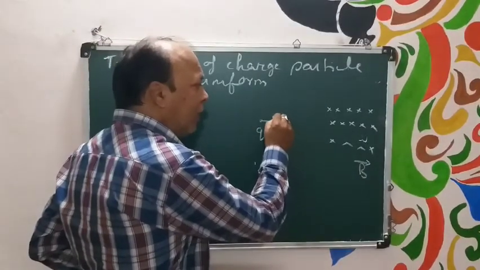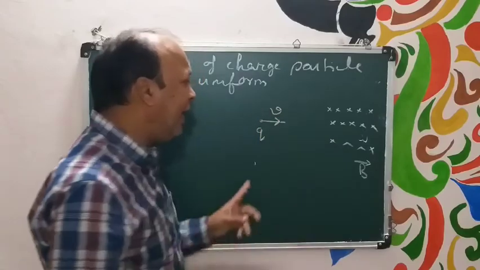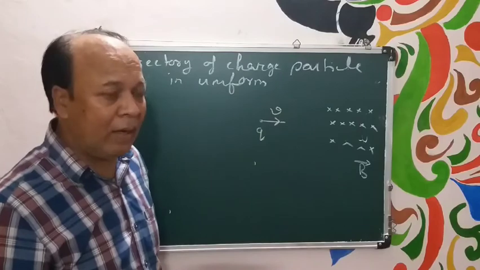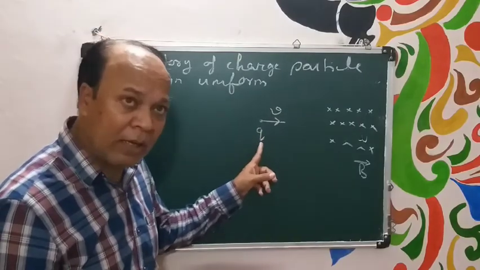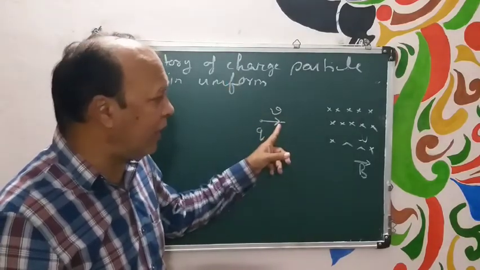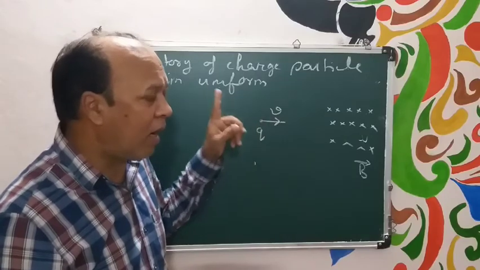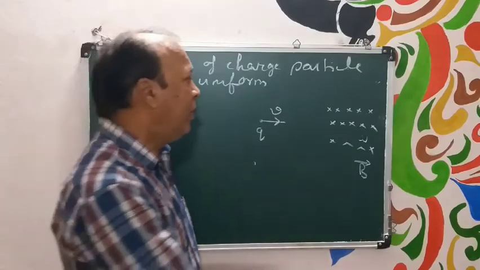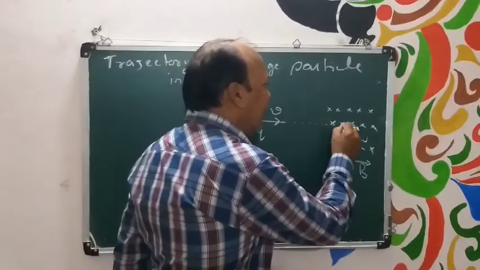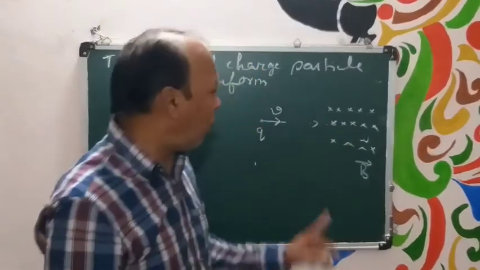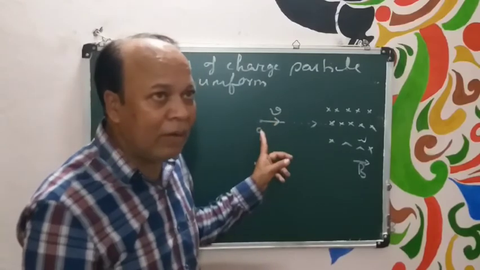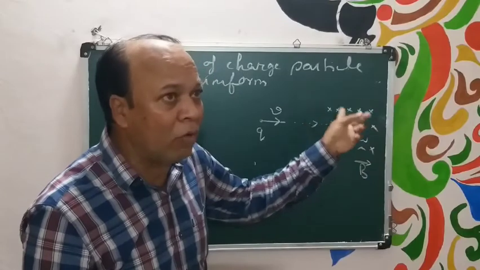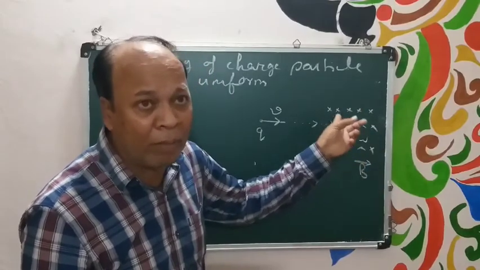Suppose it is moving with any velocity V and it is in the plane of the paper. Is that clear? Q is any positive charge which is moving with velocity V, and this charge is in the plane of the paper. When this charge enters the external magnetic field, obviously the charge will remain in the plane of the paper. Magnetic field is taken normal to the plane of the paper or plane of the blackboard.